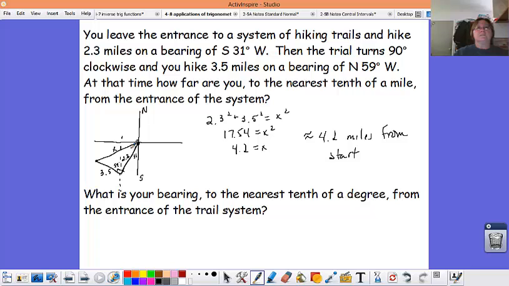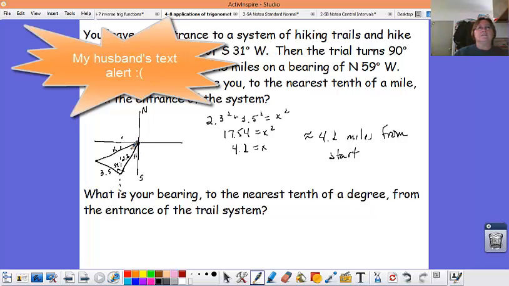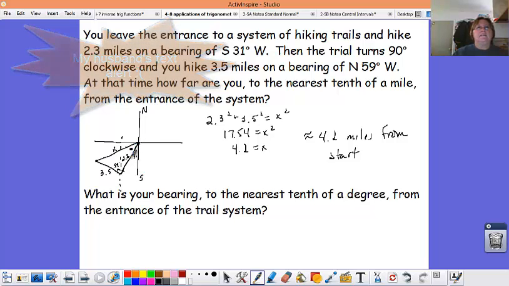So, ladies and gentlemen, I need this angle because that's going to get my bearing angle. And I know part of it is 31, but I don't know this part where I'm putting that dot. So I need to find that dot angle there. And it is a right triangle, so I can find it by using the tangent.